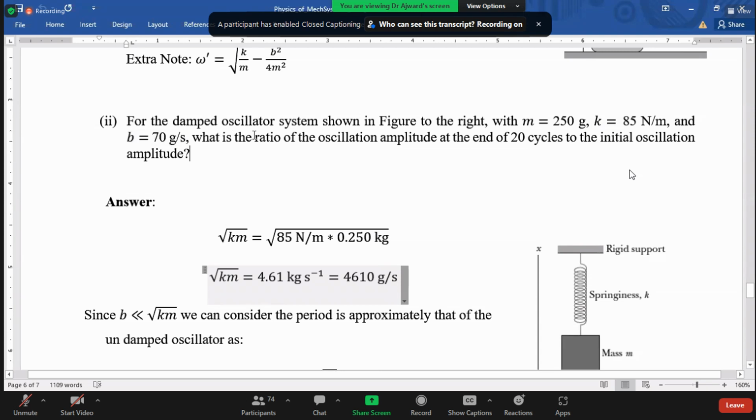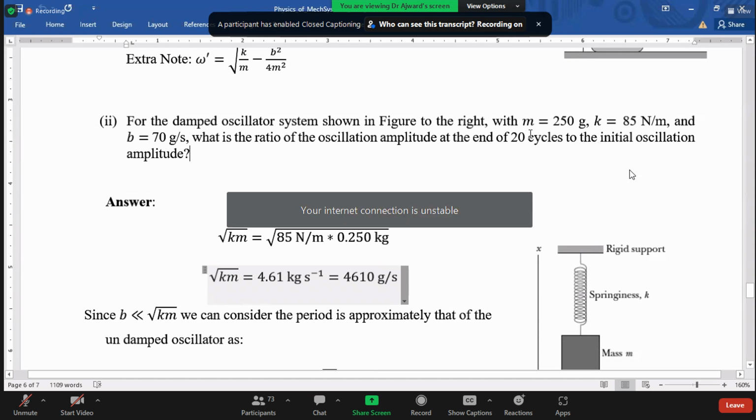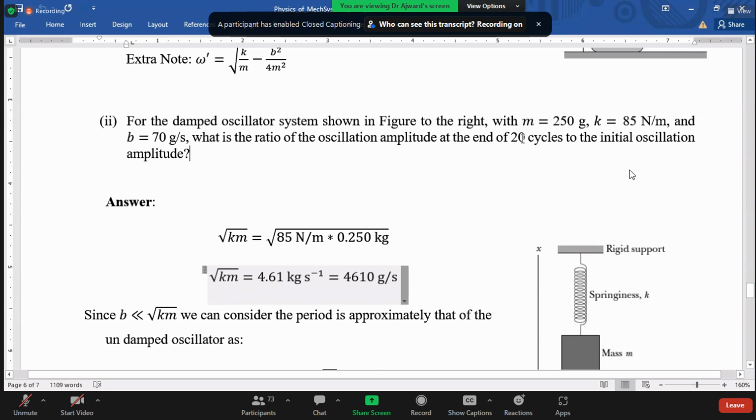It is asking what is the ratio of the oscillation amplitude at the end of 20 cycles to the initial oscillation amplitude, because of the damping.